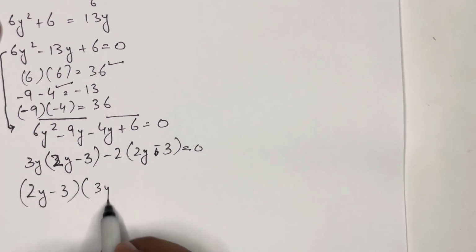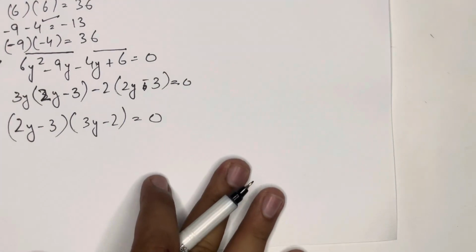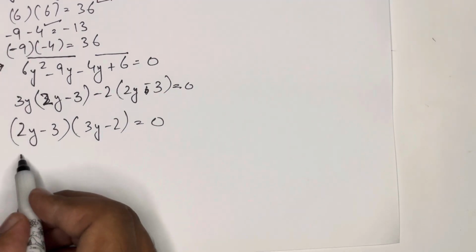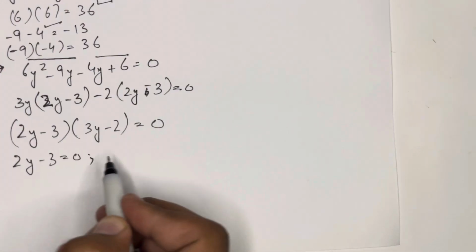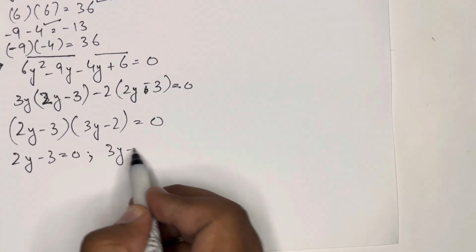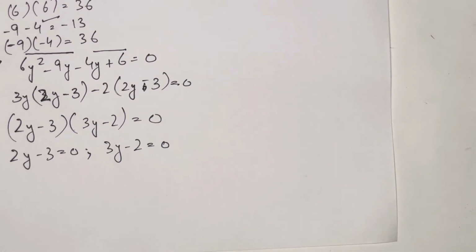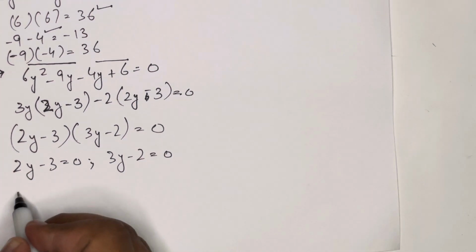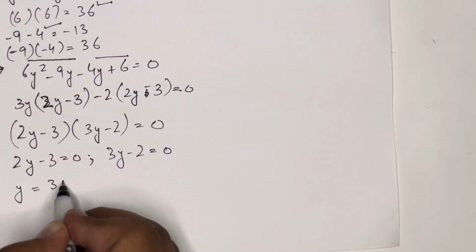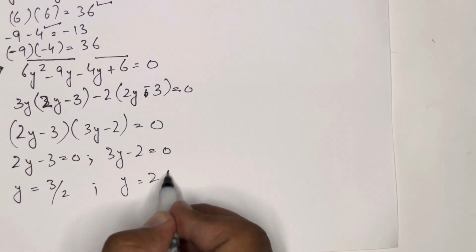Now the factors will be (2y minus 3)(3y minus 2) equal to 0. I put these two terms equal to 0, so y equals 3 over 2, and on the other side y equals 2 over 3.